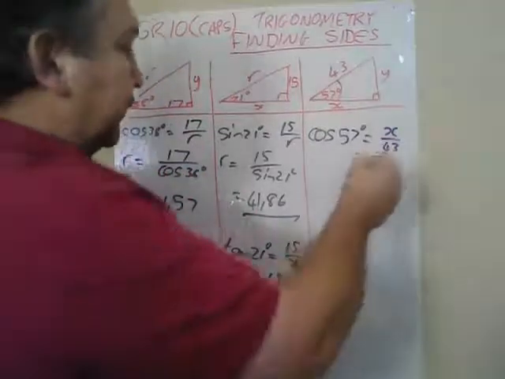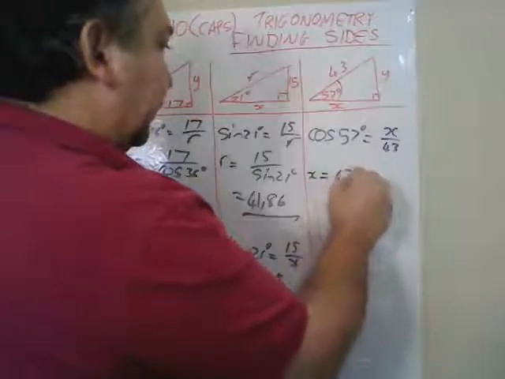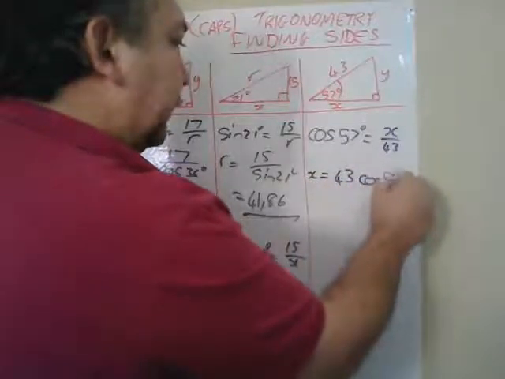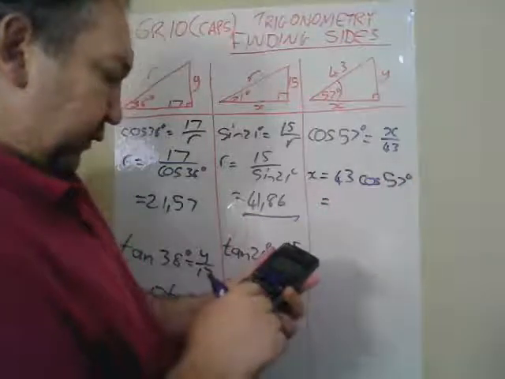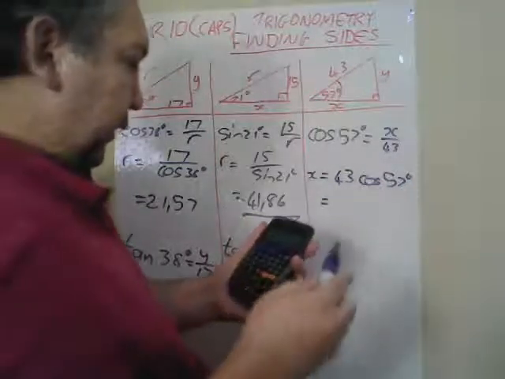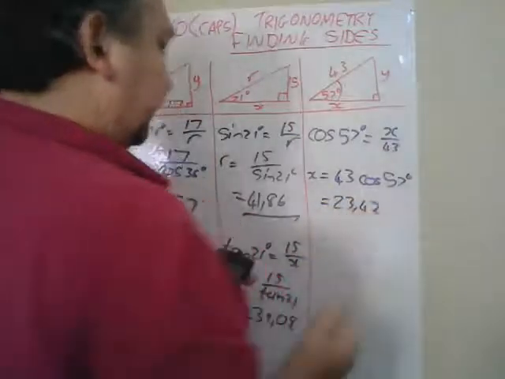So that means x is equal to 43 cos 57 degrees, and that will be 23,42.